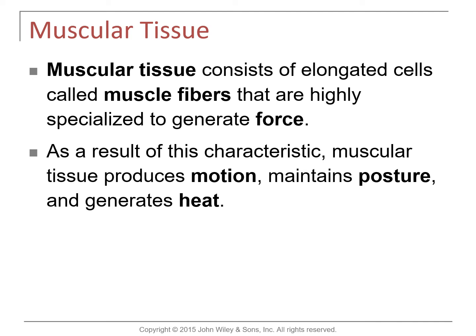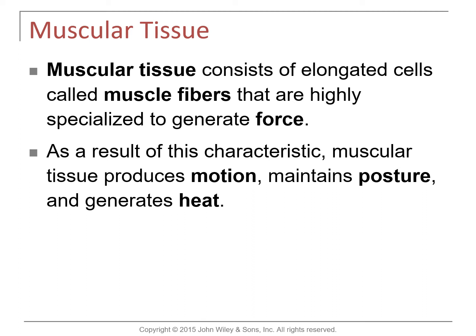So unlike the cells of epithelial tissue and connective tissue, most of which have some regenerative capacity and are less specialized, the cells of muscular tissue are more specialized and have limited capacity for regeneration.